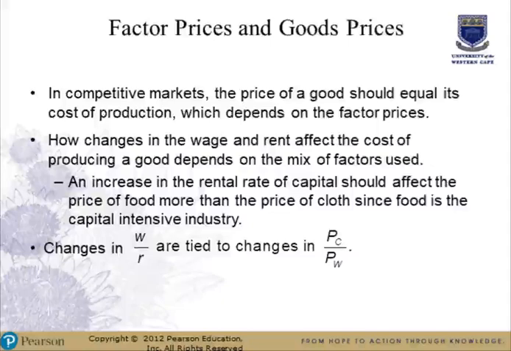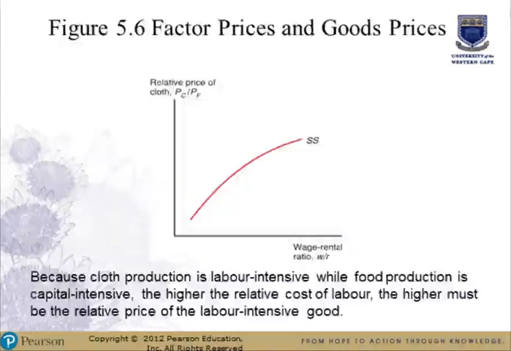For example, if cloth production is labor intensive, the rise in wages will cause the price of cloth to increase by a greater effect as compared to a production process that uses fewer workers. From this relationship, we can conclude that there is a one-to-one relationship between the ratio of wages to the rental rate and the ratio of prices of cloth and that of food, as shown by figure 5.6.